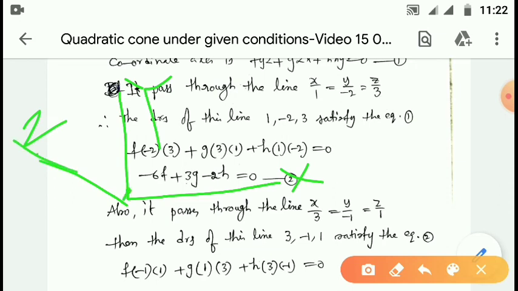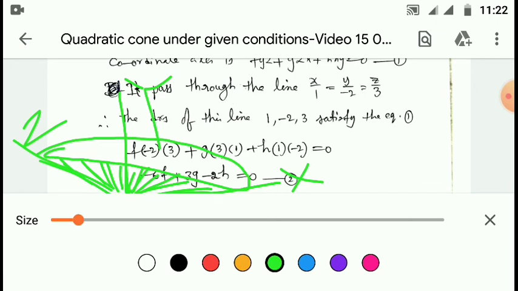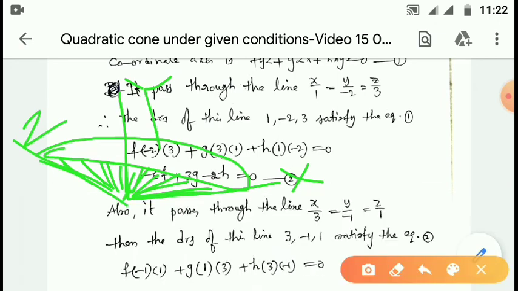We have to find the equation of the cone passing through these three coordinate axes, and also it is given that the cone is passing through another two lines. Suppose this is one line by which the cone is passing, and this is another line. The cone also passes through these two lines.